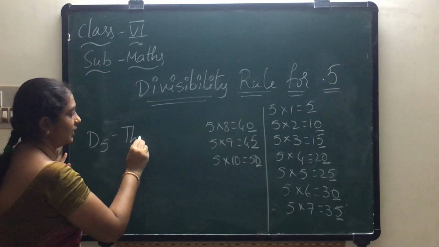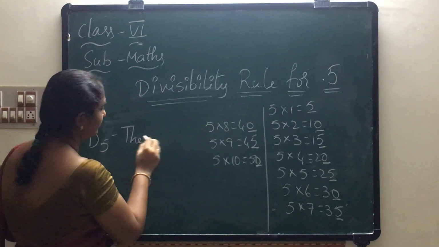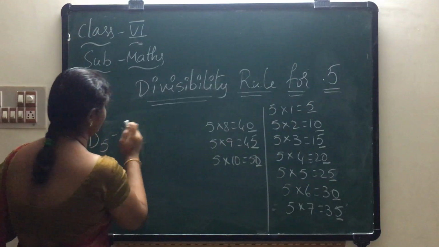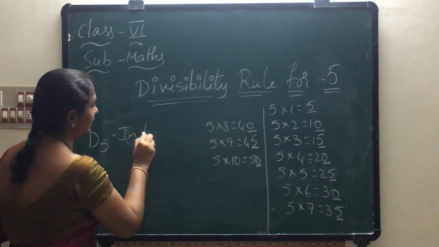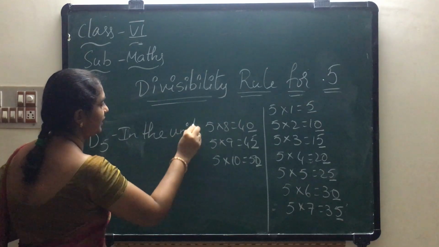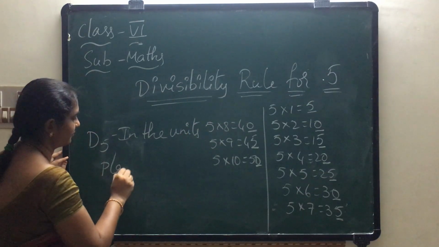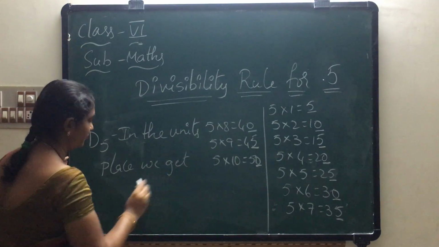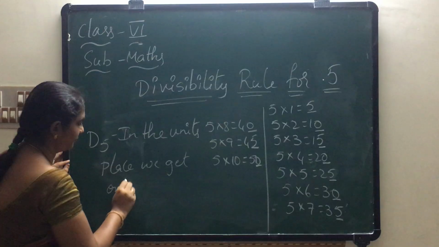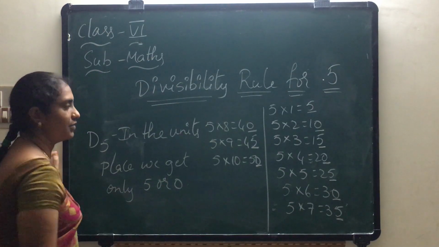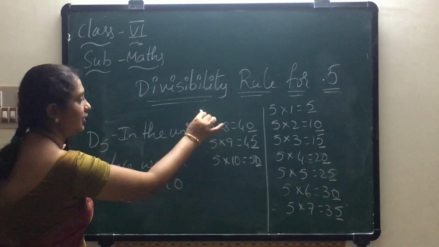In the units place we get only 5 or 0. Okay, children, do you understand?